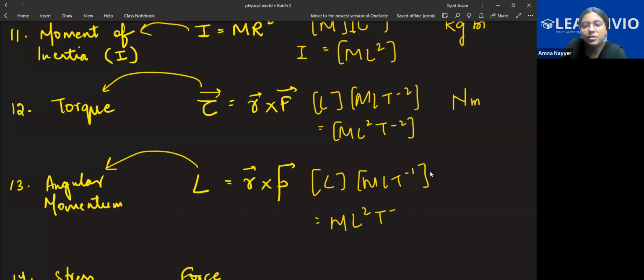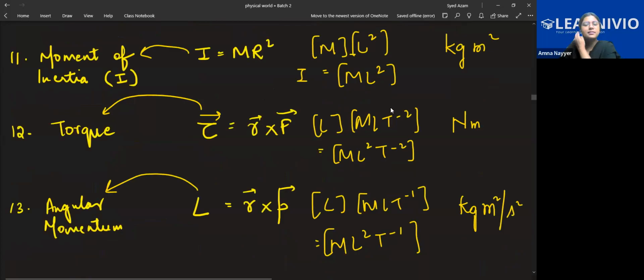Got it? This will be kg, mass into velocity, meter square per second. The SI unit isn't very important for momentum. You write down these three first, then I'll discuss anything else. These are clear, Maha?